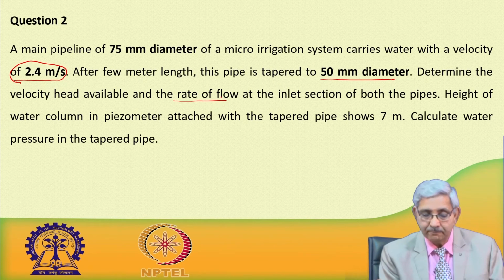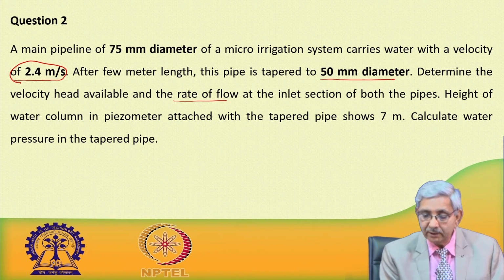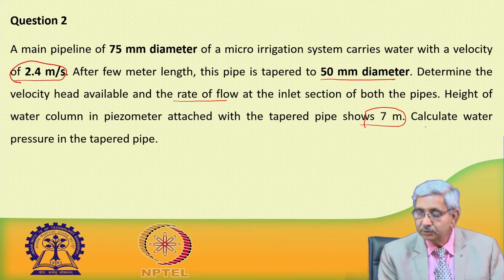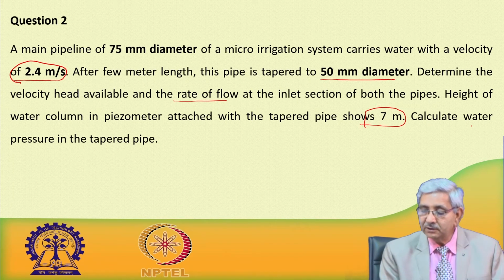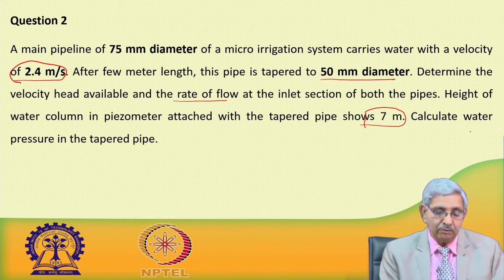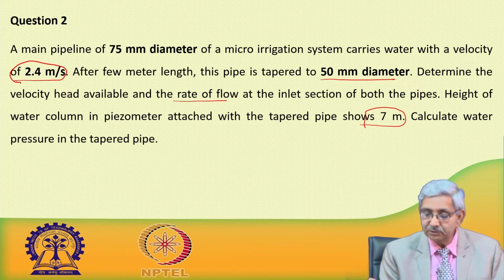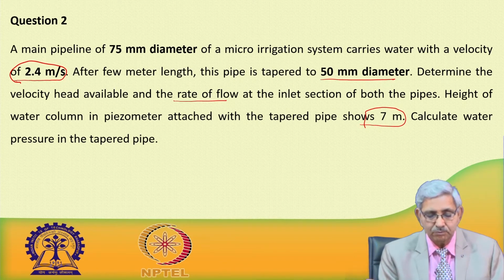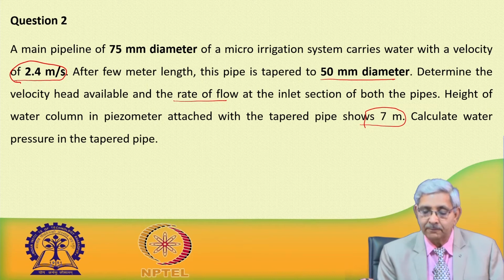Now, in the tapered pipe, that is the 50 millimeter pipeline, one piezometer has been attached and the water level in the piezometer is 7 meter. It is asked in the question what will be the water pressure. So, 7 meter of water column is to be converted into an equivalent unit.